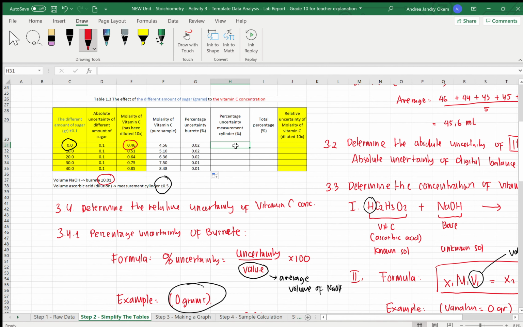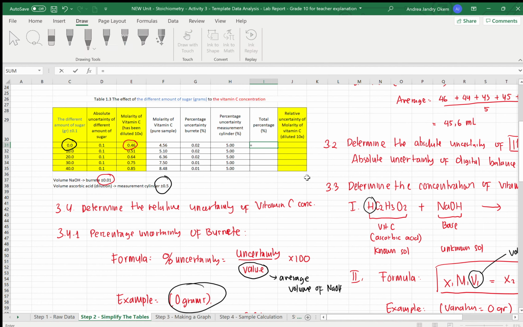So it's easy: equals, just mention the uncertainty of the measurement cylinder, and then divide by 10, and then multiply by 100. Then we got 5. Don't forget we need to drag to the bottom. And then we found the percentage of the two measurement tools that we use to find the concentration of vitamin C.